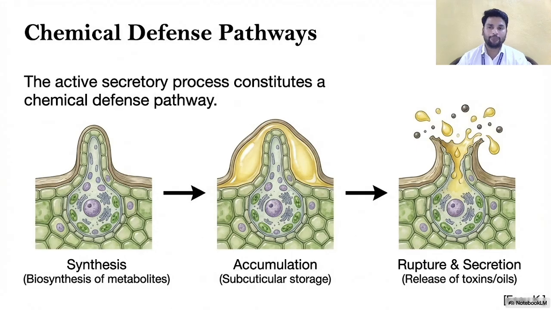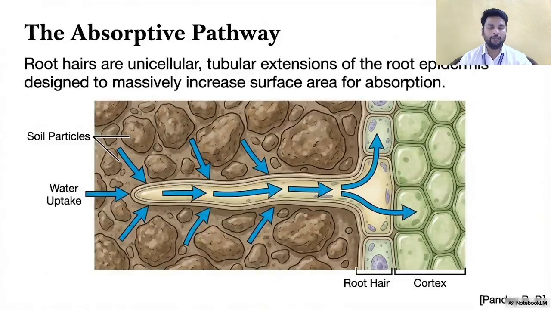Chemical defense pathway: active secretory heads produce some secondary metabolites through biosynthesis, then accumulation in a subcuticular storage, and rupture upon interaction, releasing a toxin or oil or secondary metabolites that are harmful to us, even to bacteria, certain microbes, even nematodes, etc. The root hairs, which are also known as trichomes, provide a maximum area for the absorption of water.